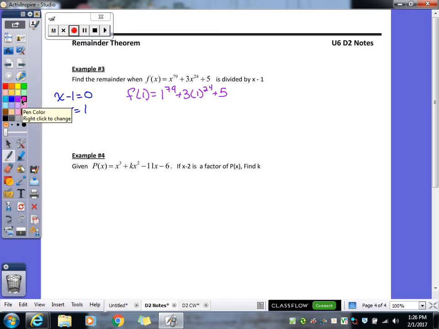Which I'm very thankful it was a 1, because I don't want to do any other number to the 79th power. This will give us 1 plus 3 plus 5, which gives us what? 9. So our remainder for that one was a 9.